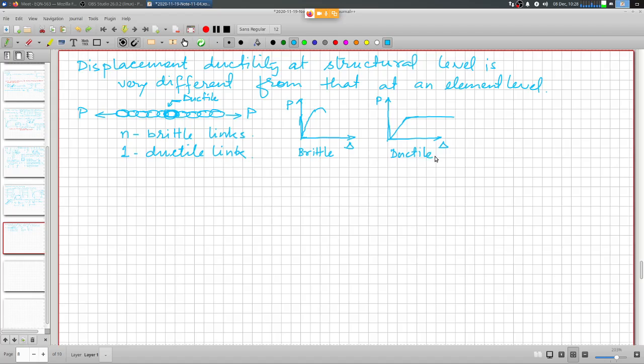You can assume this as n number of cast iron links and one aluminium link, so to say, or mild steel link, and together their performance is something like this. I can say this is a series combination.